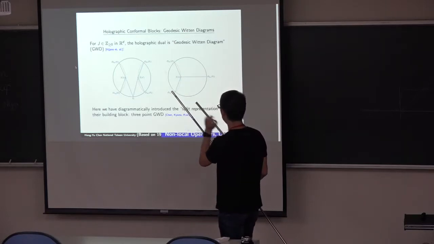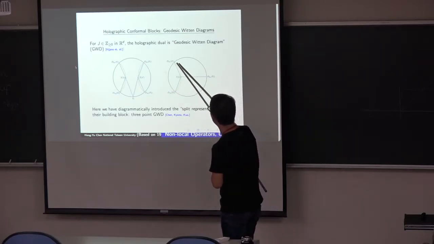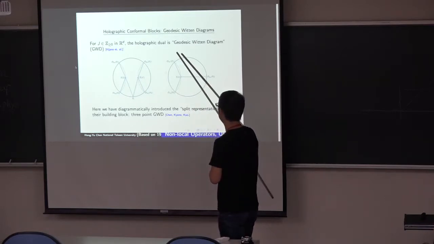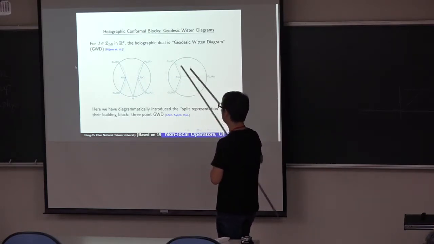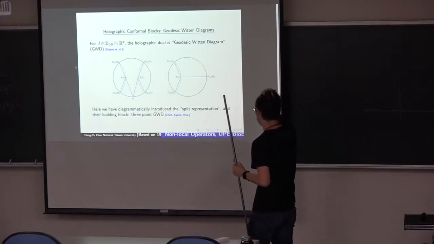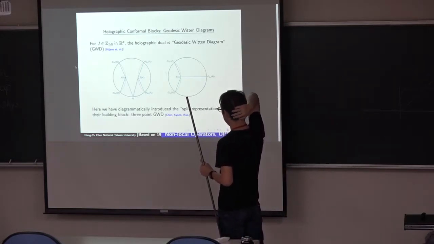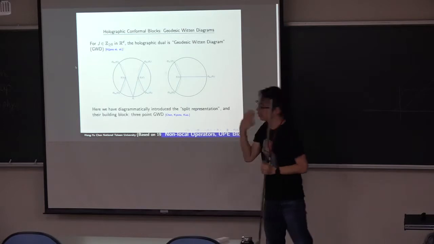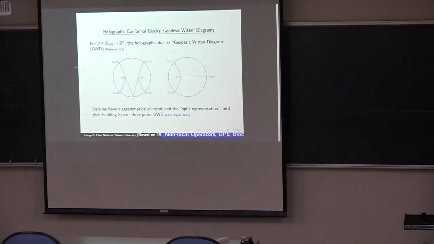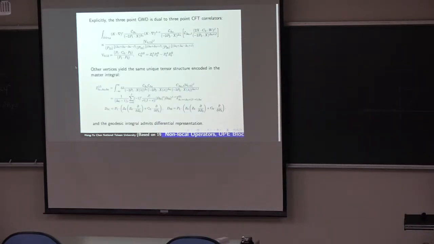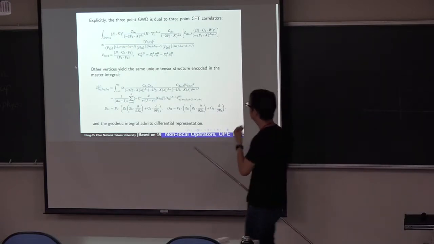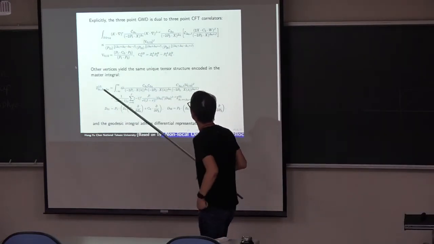We slightly modify this, and we only allow the interaction point to move along the geodesic of two of the external operators, which I call O1, OP1 and OP2. They are useful because this leads us to another object that I'll be talking about later, the OP.